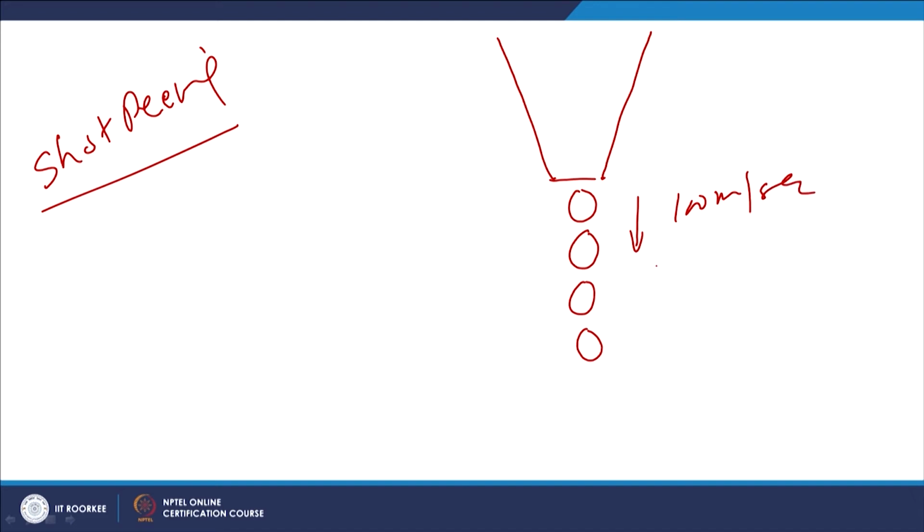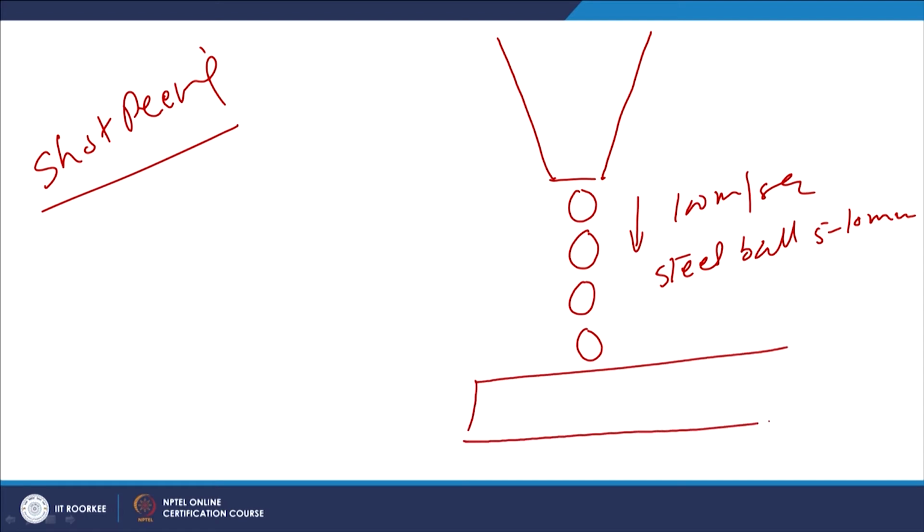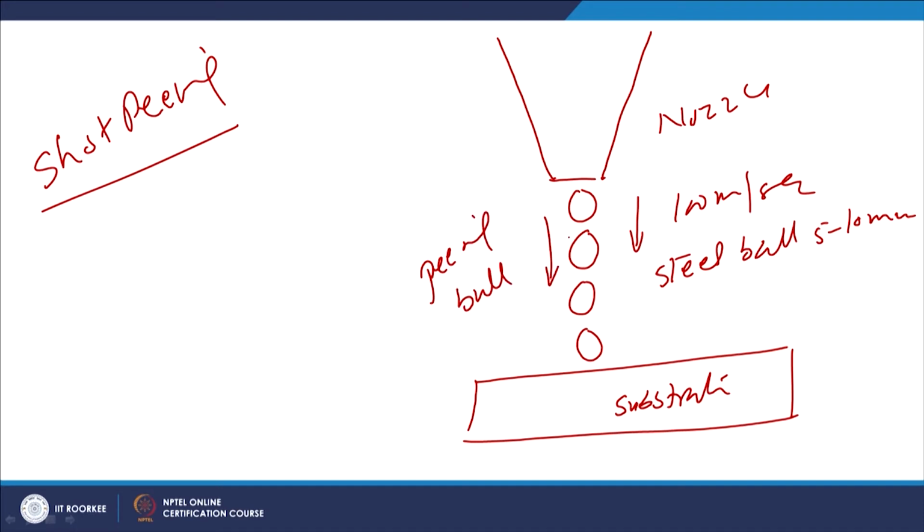The steel balls of 5 to 10 in diameter are accelerated to high speed, and they are directed towards the surface for impingement. So, the impact of these balls with the surface causes surface layer deformation. Say this is the substrate, this is the shot peening nozzle, and these are the shot peening balls which are being directed.